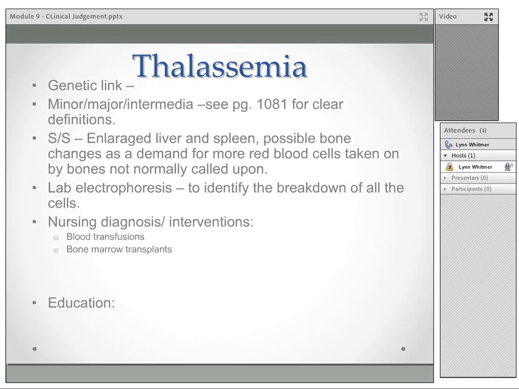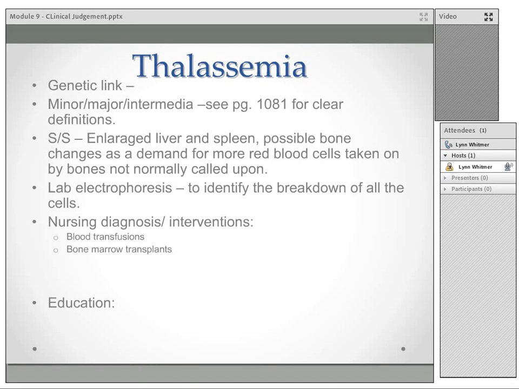Nursing diagnoses, again, would be pain, dehydration issues or fluid volume deficits. It is a genetic link, so once we identify it, of course, we could be watching for the problems. We may have to do blood transfusions, which can cause its own problems.